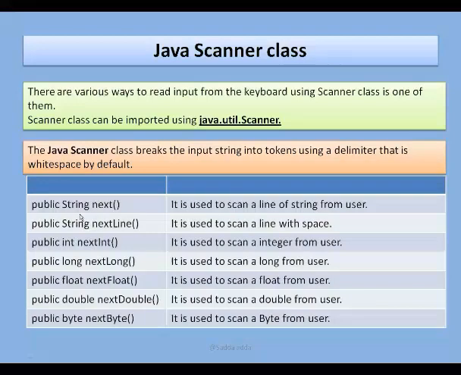One of the methods is the next method. It basically takes a string from the user and returns that string to us, or indirectly we can say it reads one token, one token that you type in from the keyboard. Now the next method is nextLine. The nextLine method scans the complete line, not only one single token, but one complete line in one go.